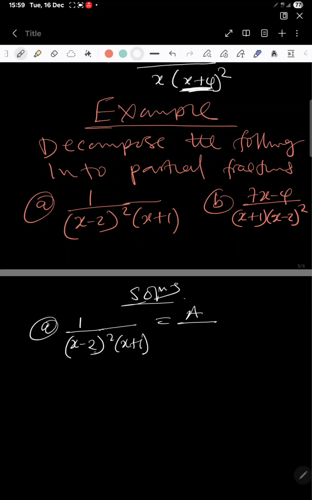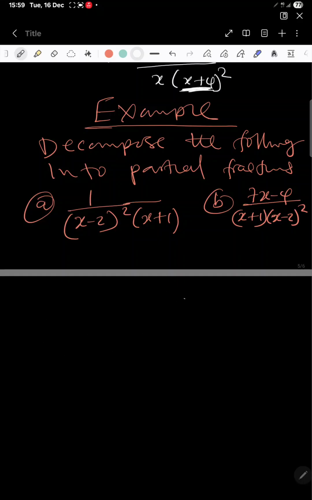Now since this is repeating, what we're going to do is this. But before we do this, let me add another example so that you can easily understand.